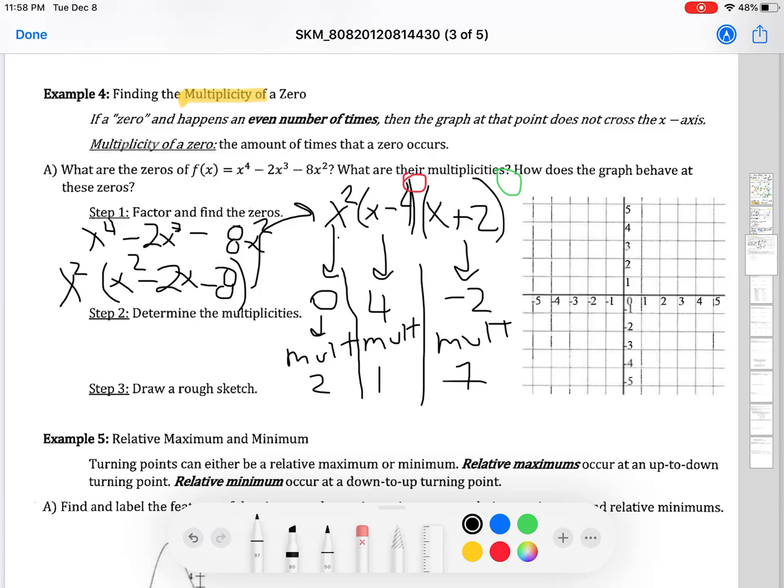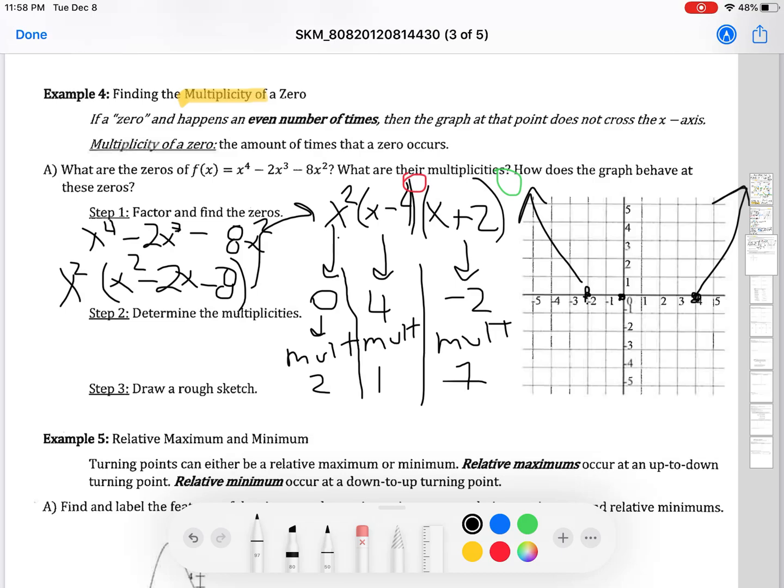Again, it's a rough sketch, nothing that you would have to really account for on a test or a quiz, but I can go ahead and mark these. The zeros were 0, positive 4, and negative 2. Because it's a 4th degree positive, I know it has to go up and up.